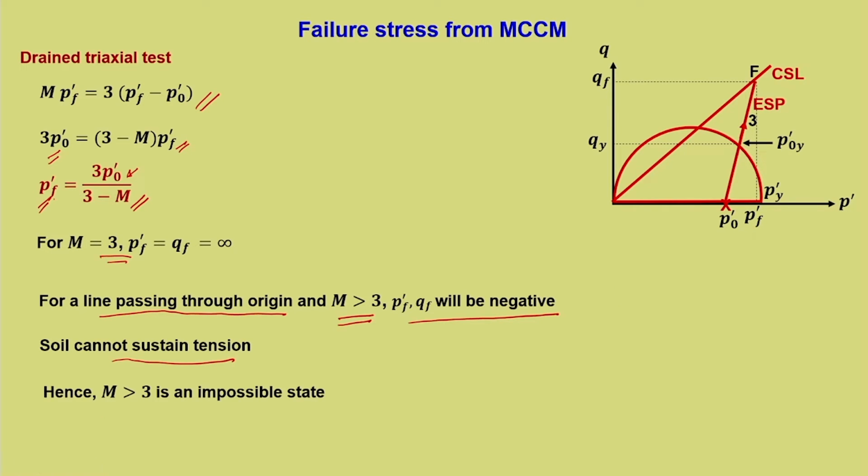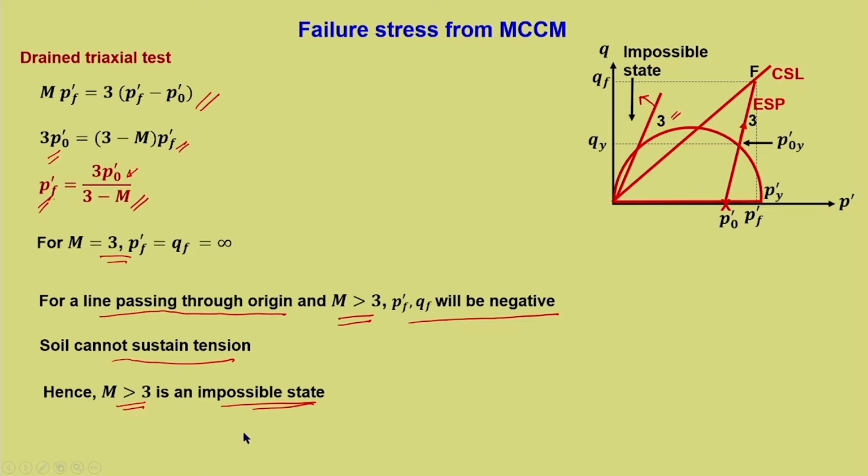Hence M greater than 3 is an impossible state, and that impossible state is at the inclination of 3 we have drawn. Anything more than this is not possible, because it will be negative and soil cannot sustain tension. That is the reason we have defined it as a tension cutoff zone, another state boundary on the left side. That is the boundary beyond which the soil will not exist.